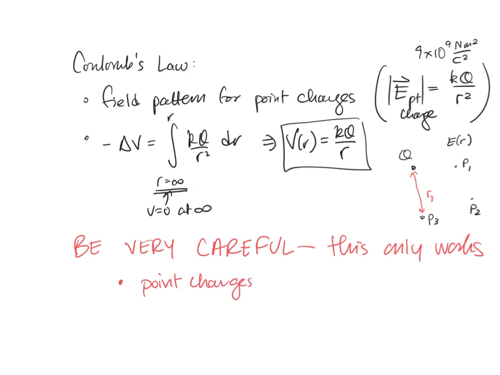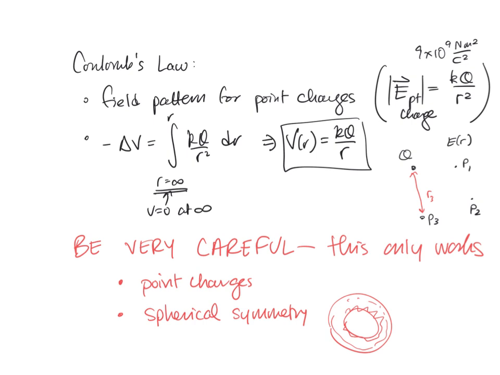If it says they're point charges, you can use it. Or if you have spherical shaped things and you have spherical symmetry of the charge inside. So you need an object that is spherical and a charge distribution that is spherical. It doesn't have to be uniform, but it has to be a spherical charge distribution.